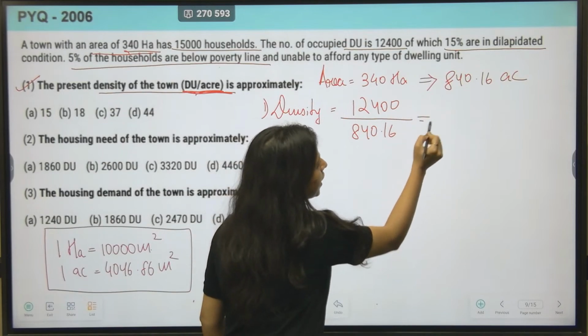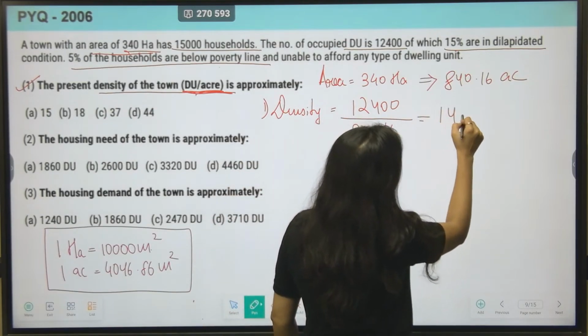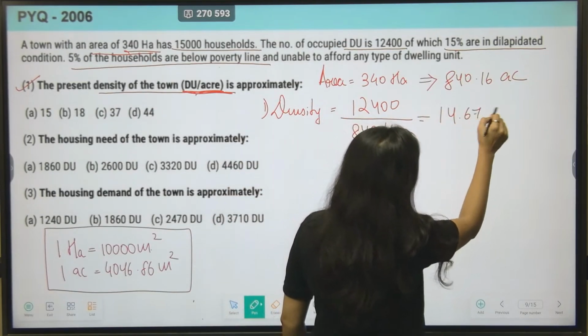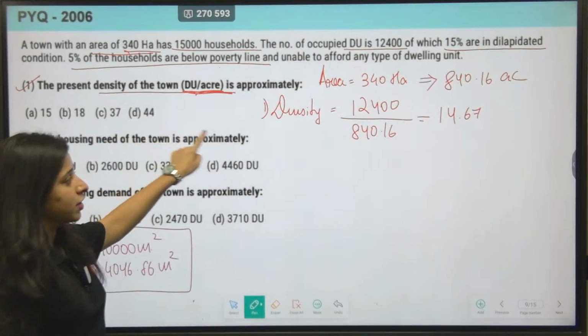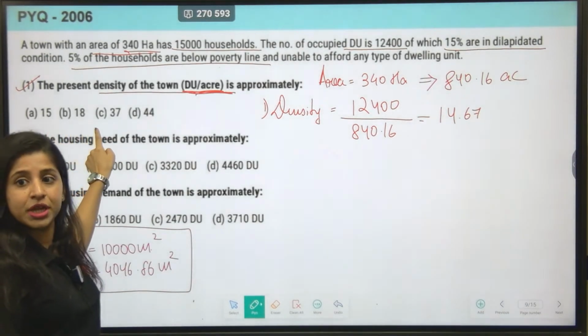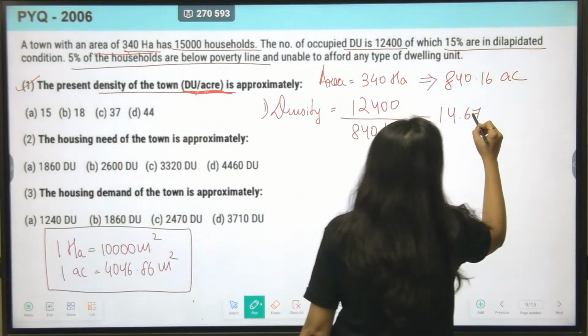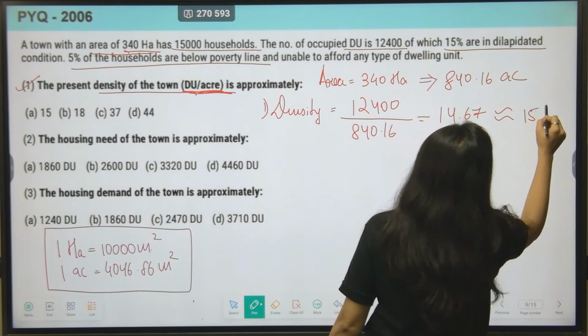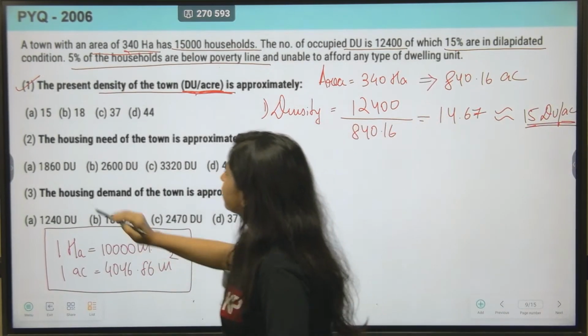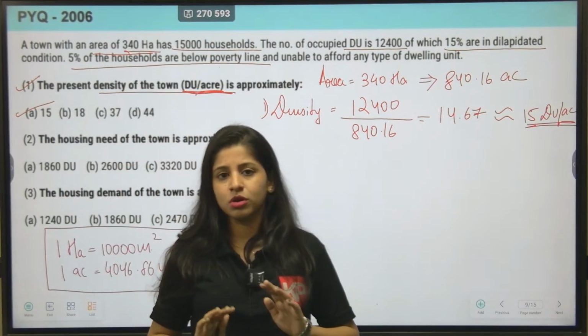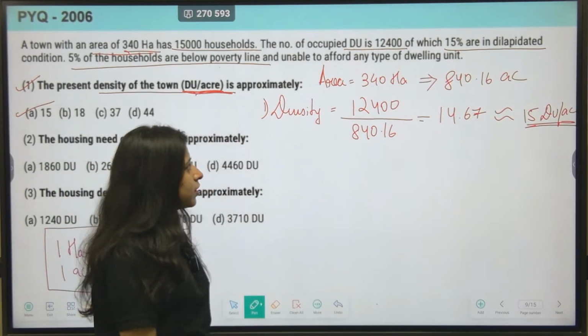When you divide, how much do you get? You get something like 14.67. Basically, you can round it off. See, you have the options given. The closest option you have is option A, which is 15. So it's approximately equal to 15 DU per acre. Okay, so this is the answer for the first one. Very easy, right? Not a very difficult one. It's a pretty easy one, right?